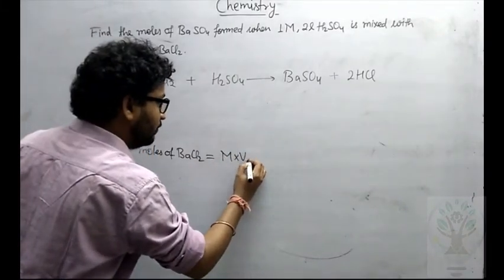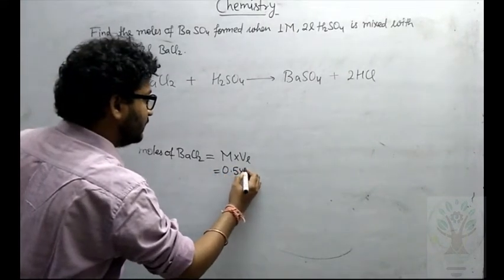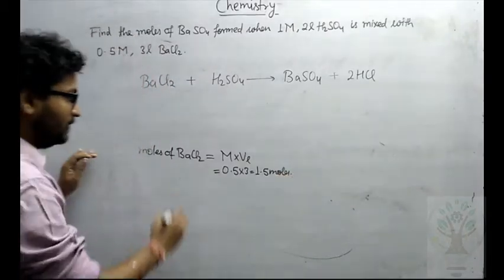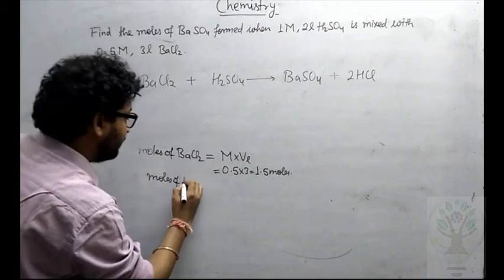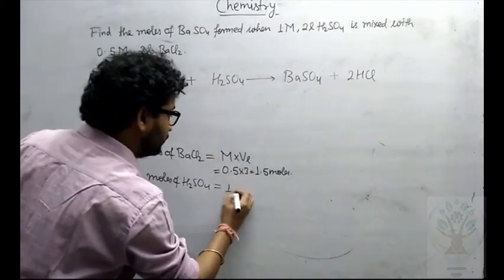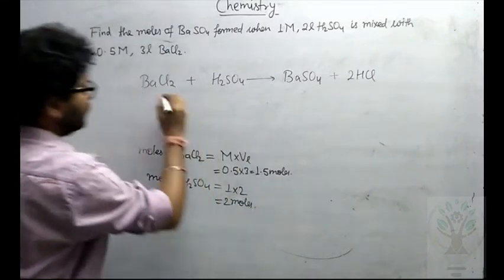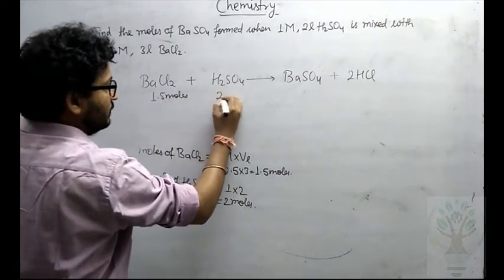Molarity multiplied by volume in liters. So 0.5 into 3 gives 1.5 moles. Similarly, moles of H2SO4 will be 1 into 2 equals 2 moles. So here I have 1.5 moles and here I have 2 moles.